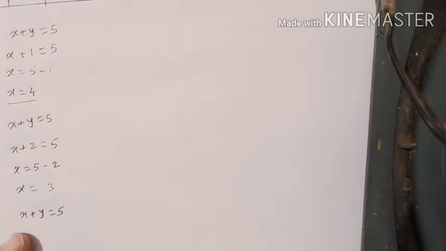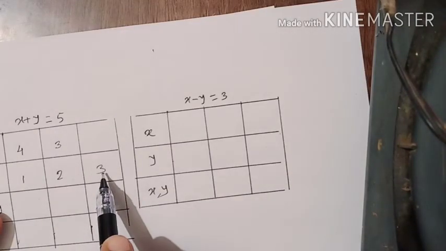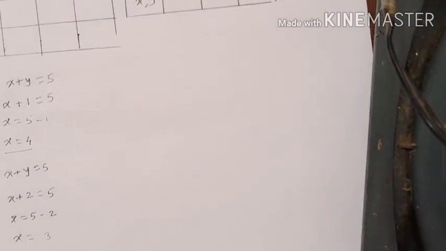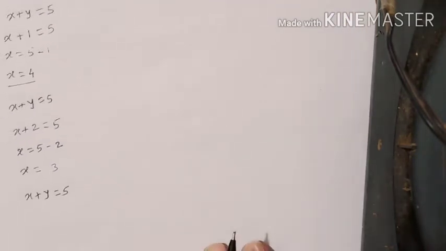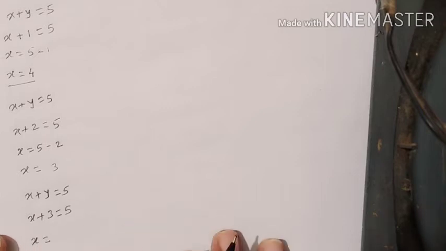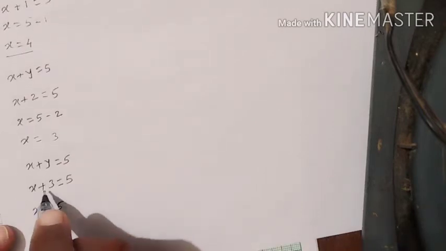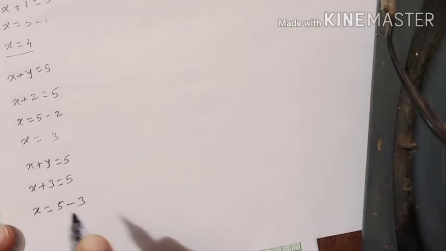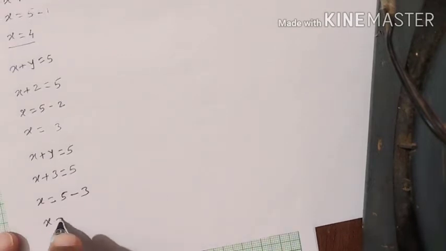Let the value of y be 3 and we will put this value of y in the equation. x plus y is equal to 5. Here now x plus 3 is equal to 5. Therefore x is equal to 5, plus 3 becomes minus 3. Therefore x is equal to 2.